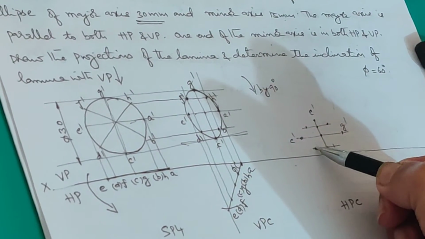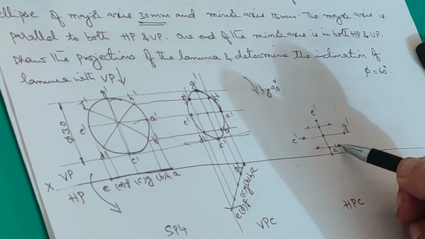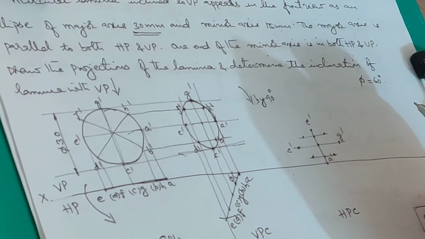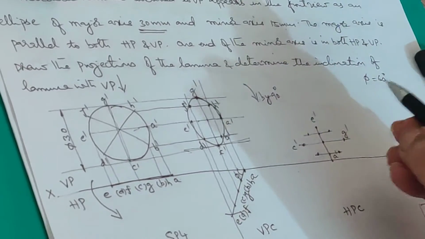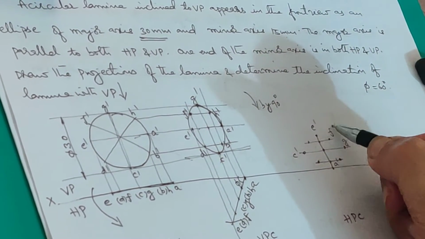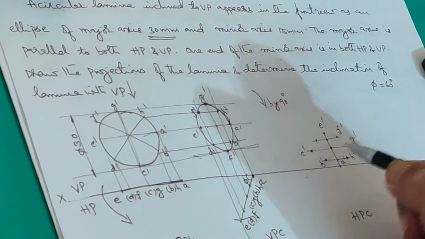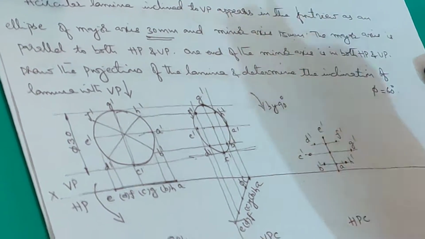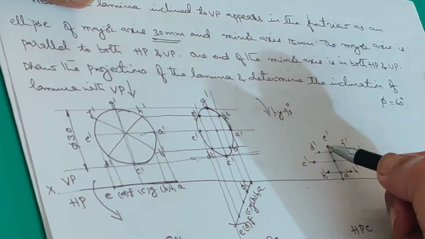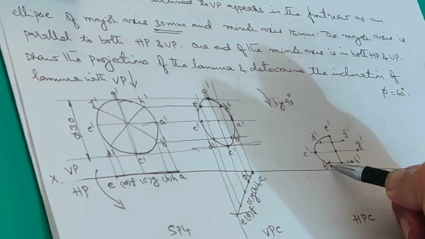These points you can get by drawing arcs. This is your F dash, H dash, B dash, D dash. So you will get the ellipse like this.